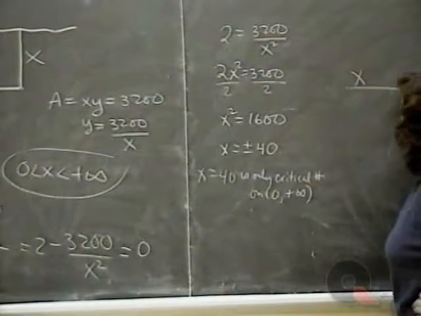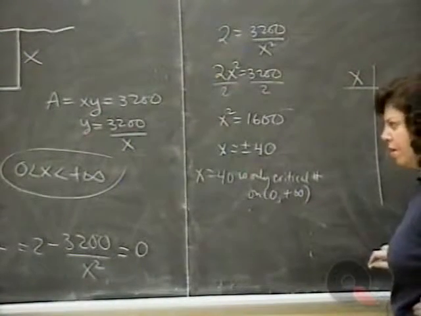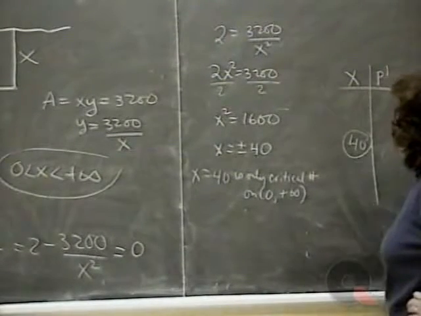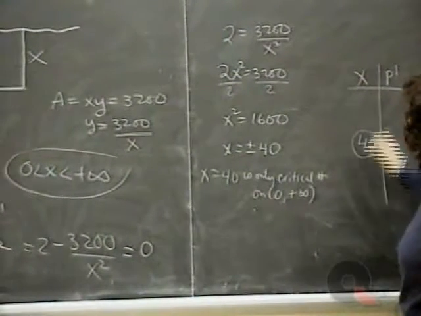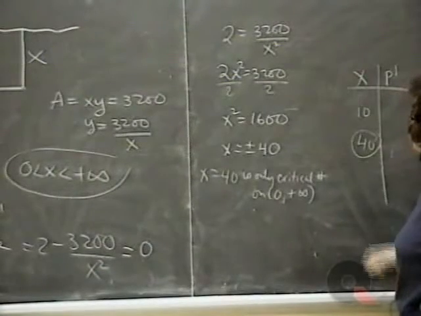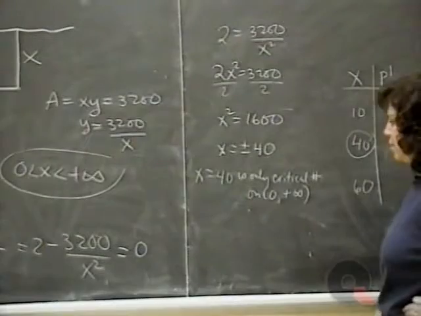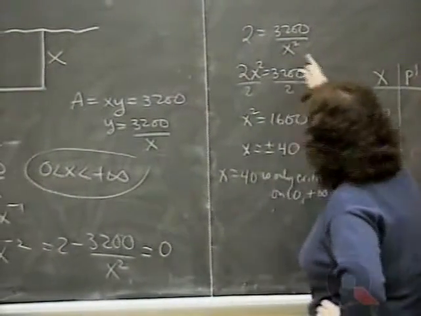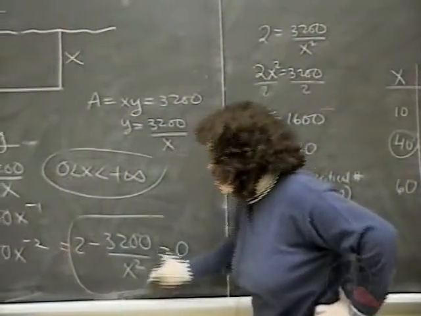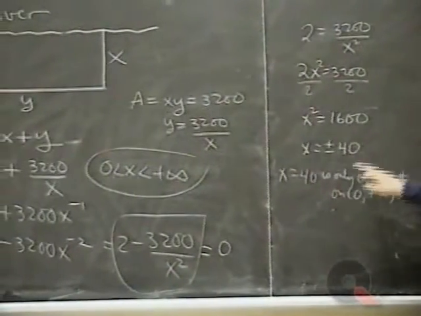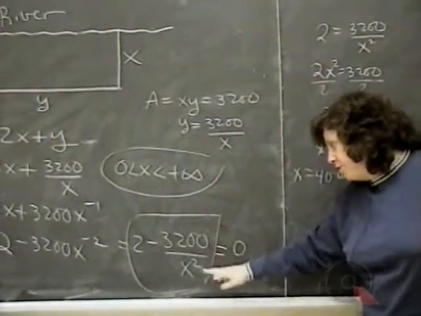Let's make our chart, x against P prime here. Our critical number is 40. Let's try a value less than 40, 10, and a value more than 40, let's say 60. Let's substitute into P prime. P prime is 2 minus 3,200 over x squared. Substituting x equals 10, 2 minus 3,200 over 100.